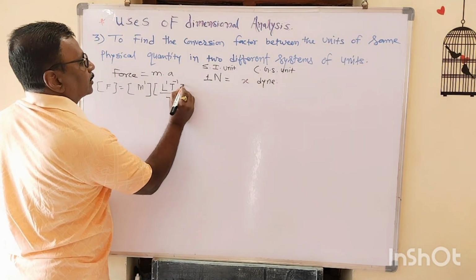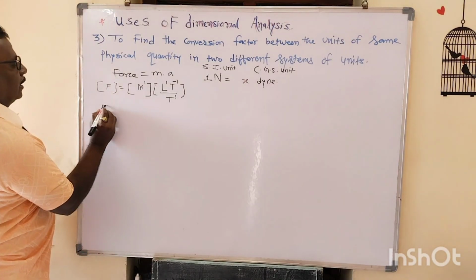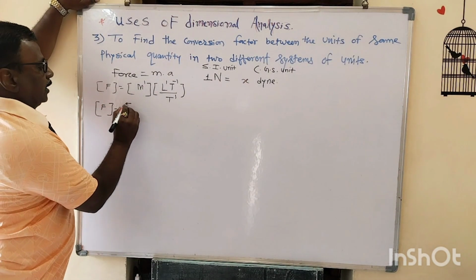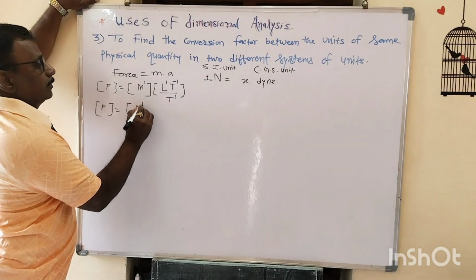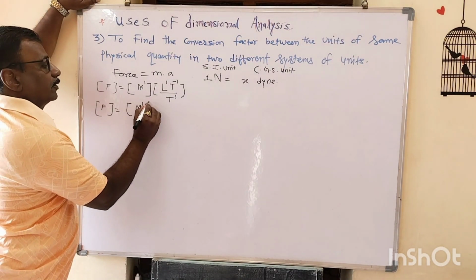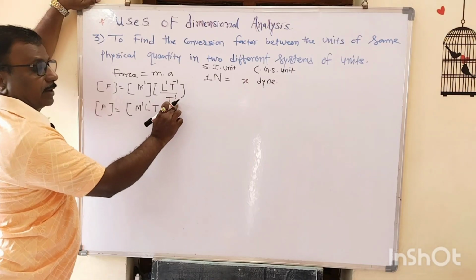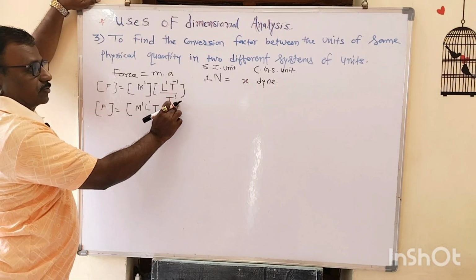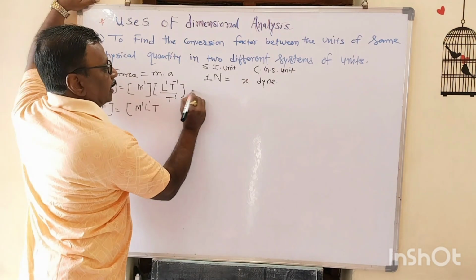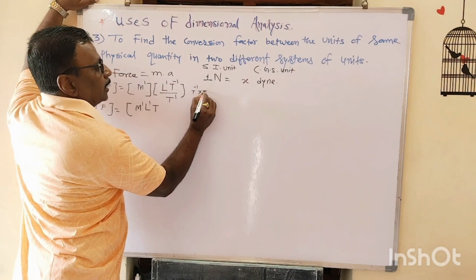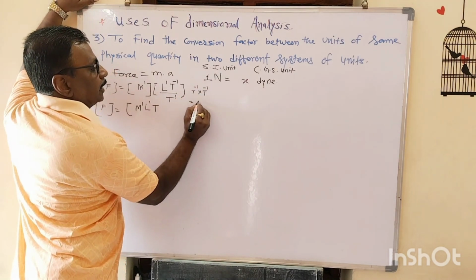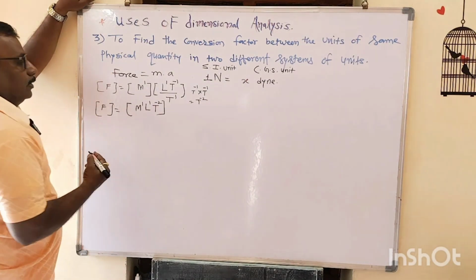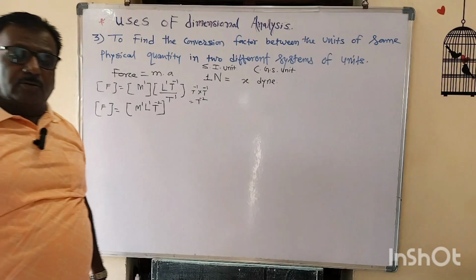When we solve this, we get dimension of force is equal to M raised to power 1, L raised to power 1, T raised to power. Take this denominator into numerator, it shifted, then it becomes T raised to power minus 1. So T raised to power minus 1 into T raised to power minus 1 is equal to T raised to power minus 2.